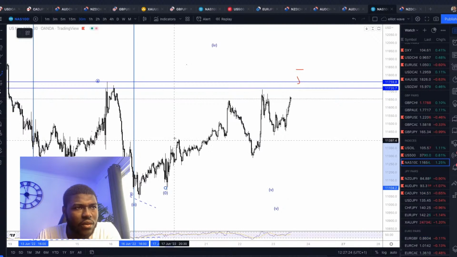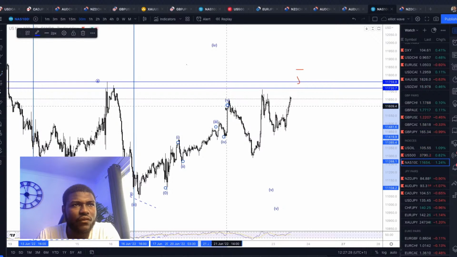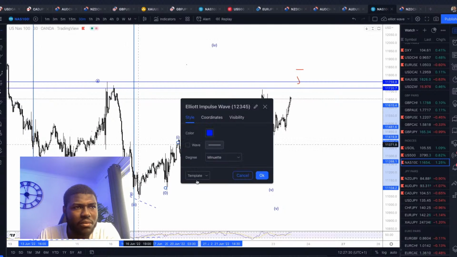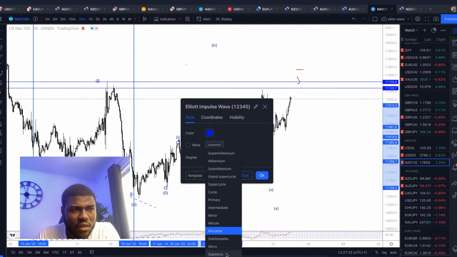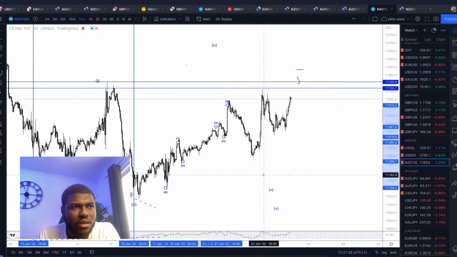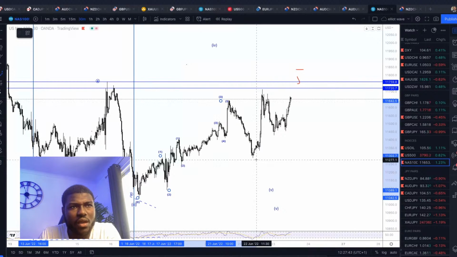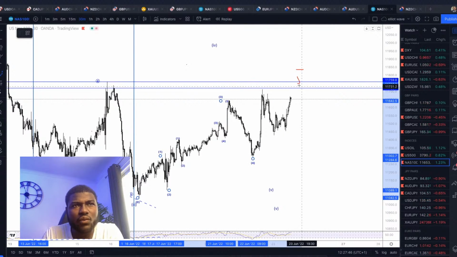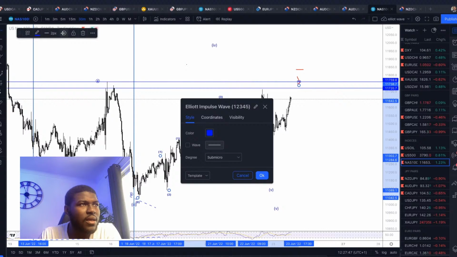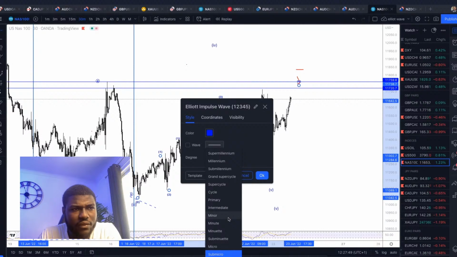So I see all of these is wave 1, wave 2, wave 3, wave 4, wave 5. But that should be on the micro or sub-micro level. Sub-micro level, then all of this will now be wave 1, wave 2, wave 3, wave 4, and wave 5 about to close here. And that will be on the minute level.